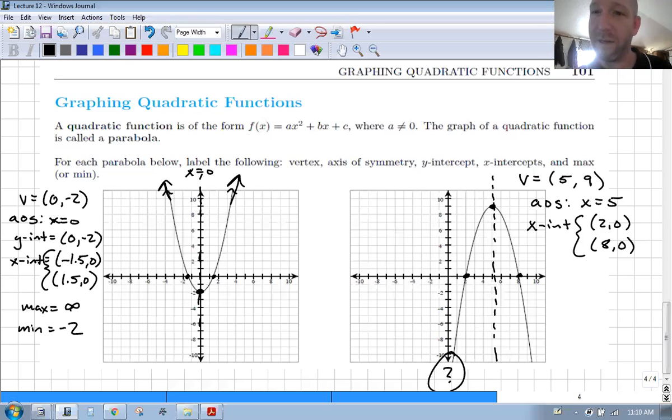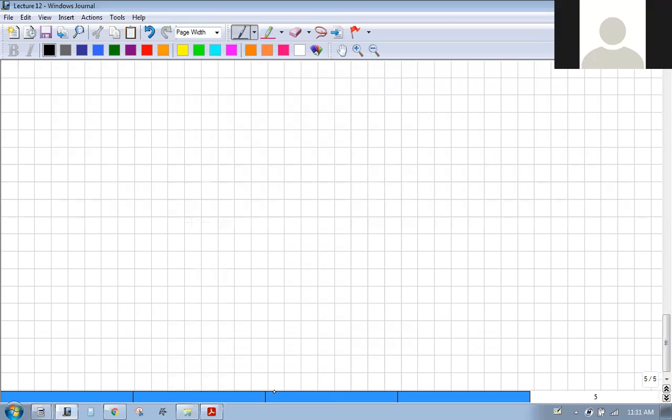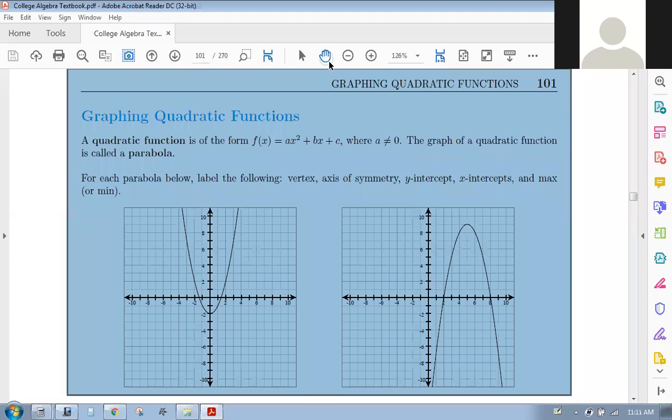So on the right here, our max is at 9. Our minimum is -infinity because this thing goes down forever. Any questions? No, sir. Okay. So those are the properties of a parabola, basically.